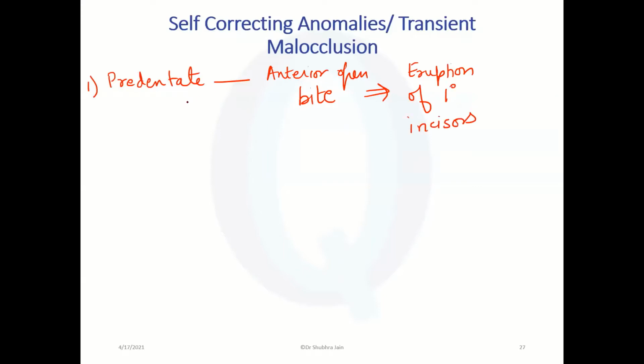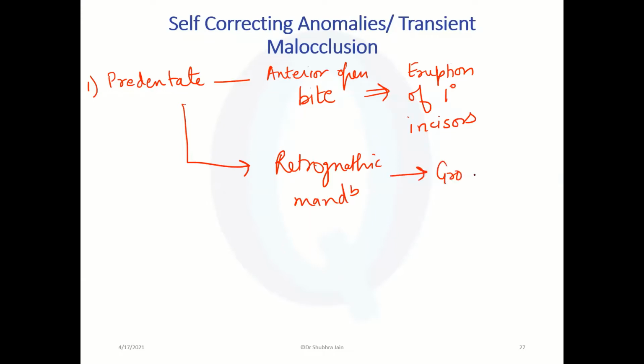The second self-correcting anomaly in predentate is complete overlap of maxilla, where the mandible is small basically. It is a retrognathic mandible. How is the retrognathic mandible going to get corrected?